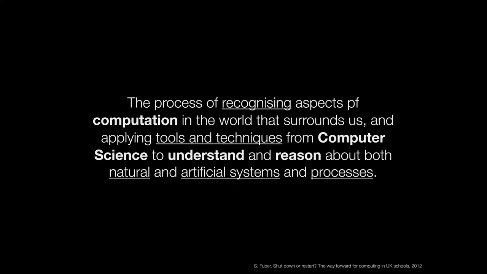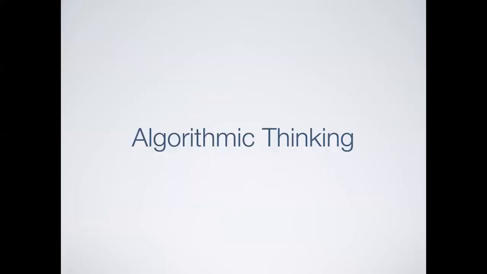Otherwise, we need computer science to understand and reason about both natural and artificial systems. So this was a brief introduction to computational thinking, and we have seen the keywords behind this discipline: automation, problems, solutions, and thinking, mental activity, okay?